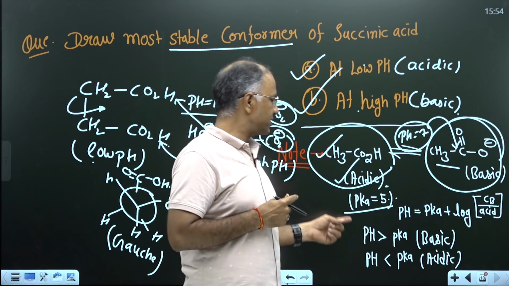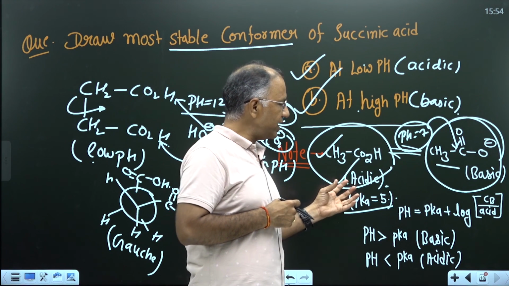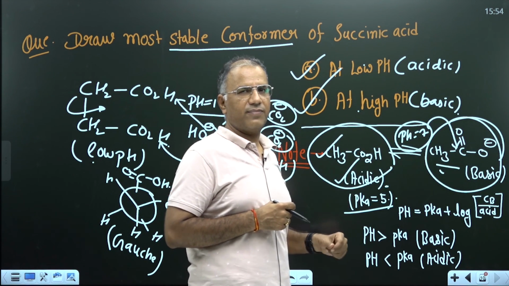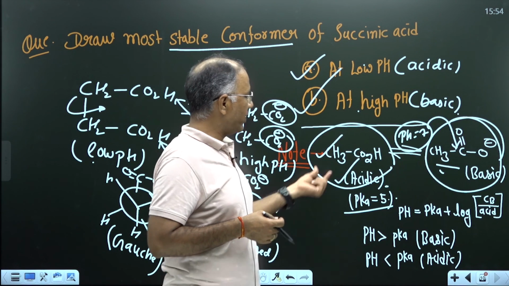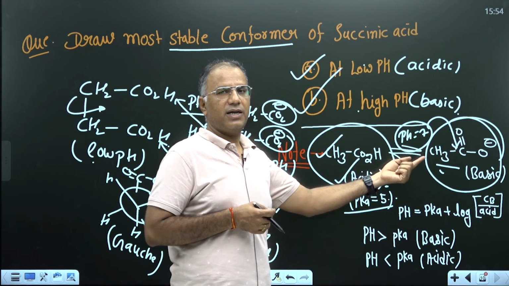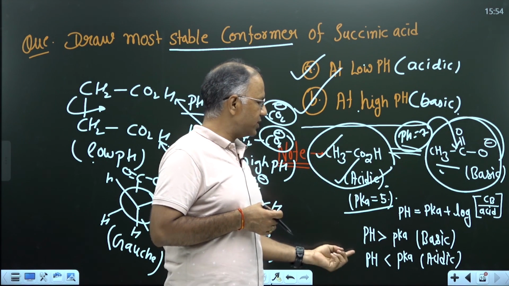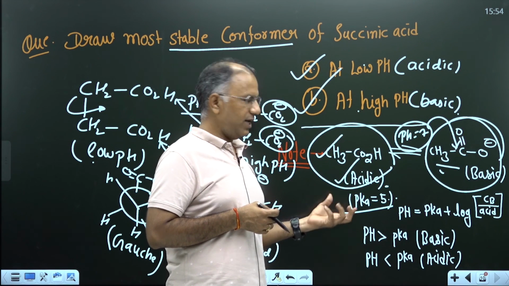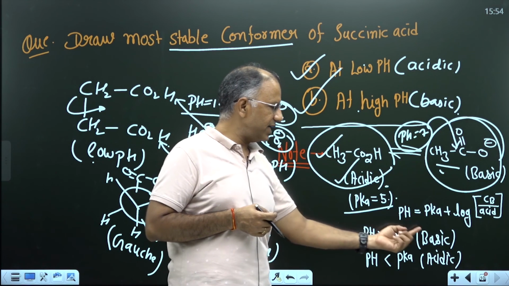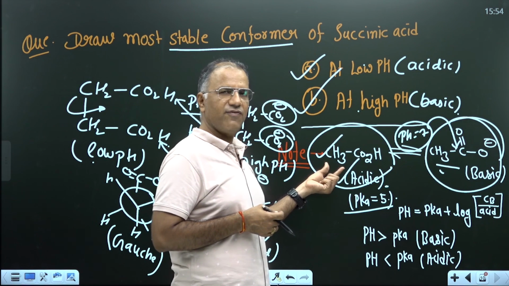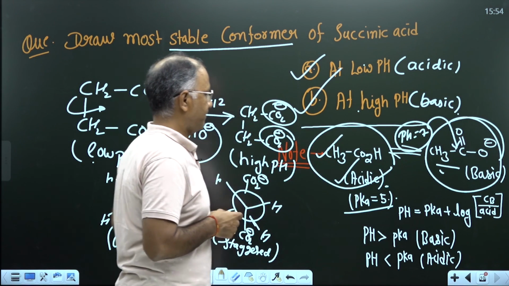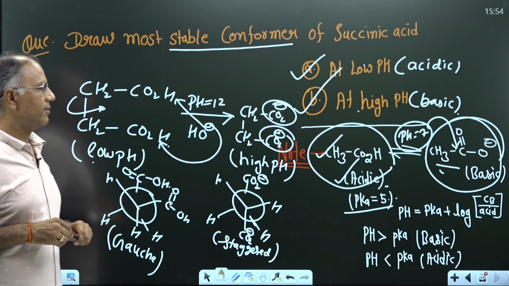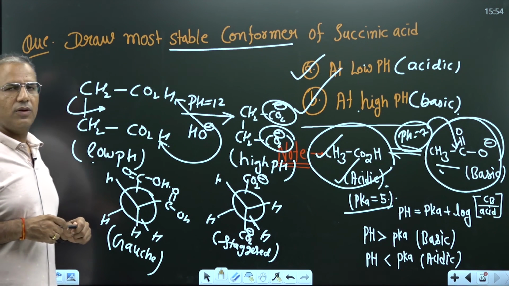The pH must be greater than pK, so that the acid converts into acetate ion. For example, in some reaction we require this acidic form, not acetate ion. In that case, pH should be less than pK, meaning pH should be less than 5. If pH is less than 5, it will exist in acidic form, and this is its acidic form. Got it?